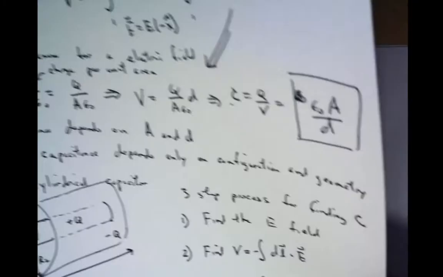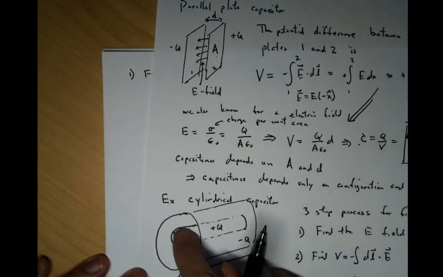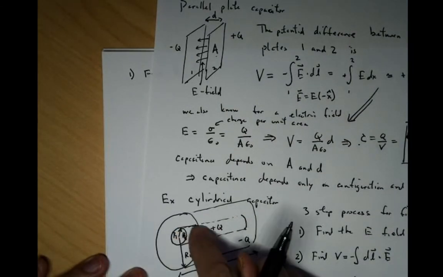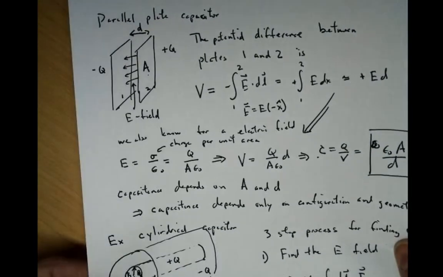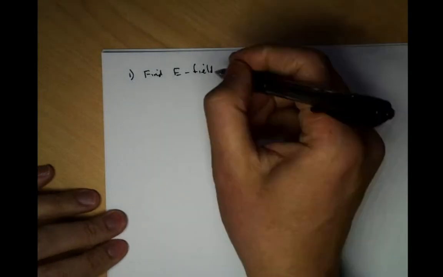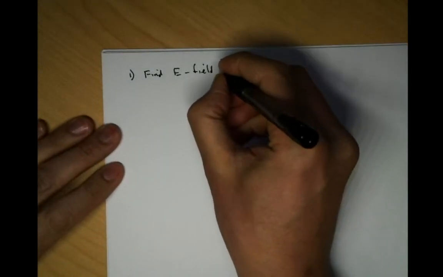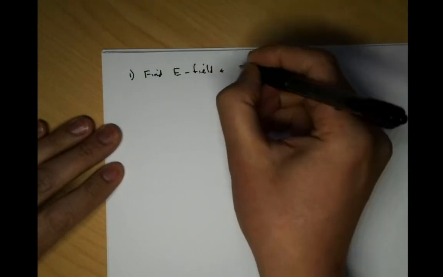Now, what we're interested in is basically what the potential is between these two shells. So we're going to look at the potential difference between those two shells. What we care about is we'll just find the field, and then we'll be careful.